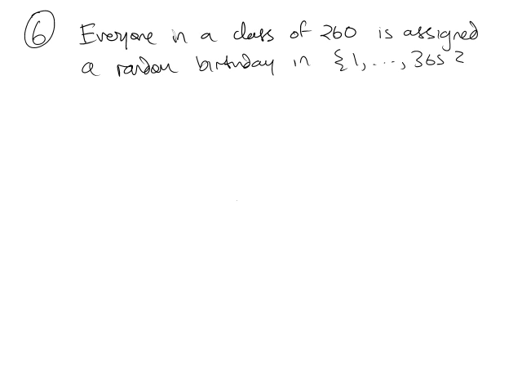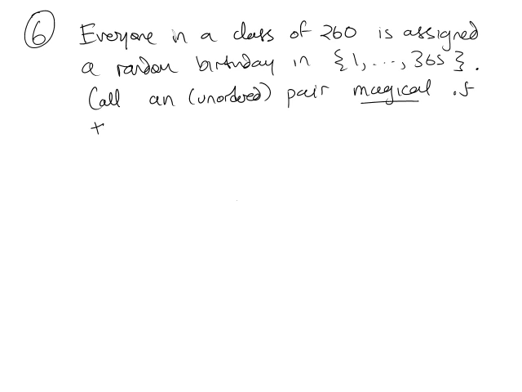Let's assume there are 365 days in the year. And there's a definition here. So call an unordered pair of people magical if they have the same birthday.